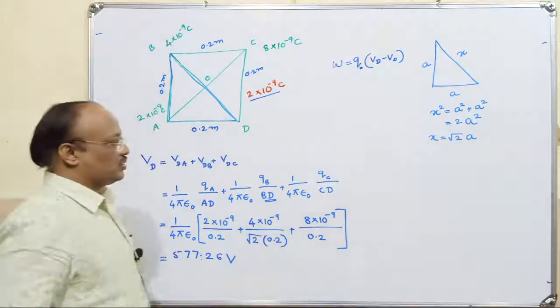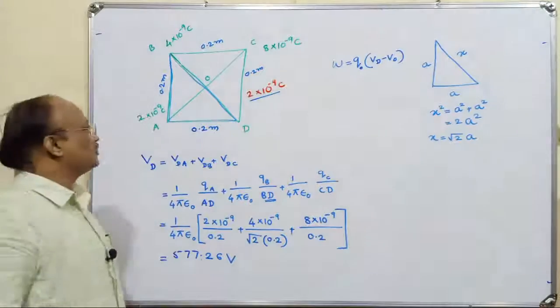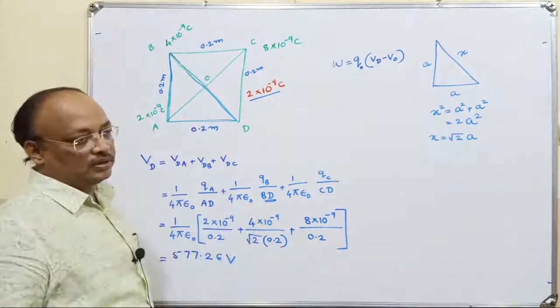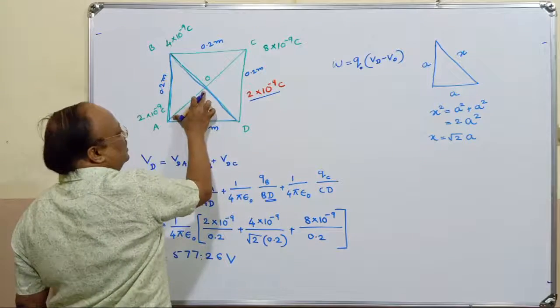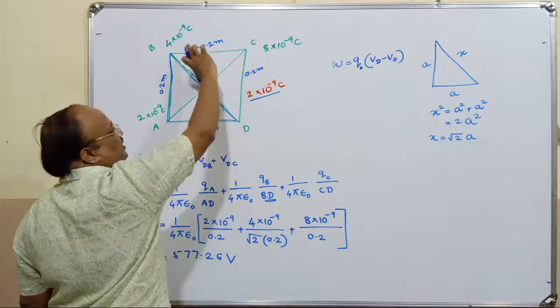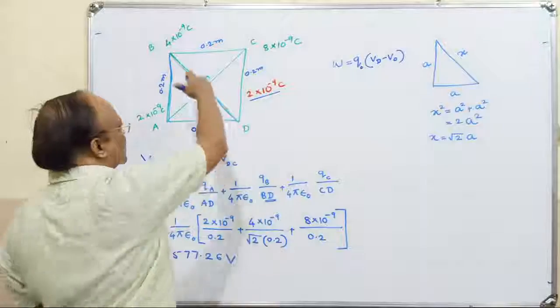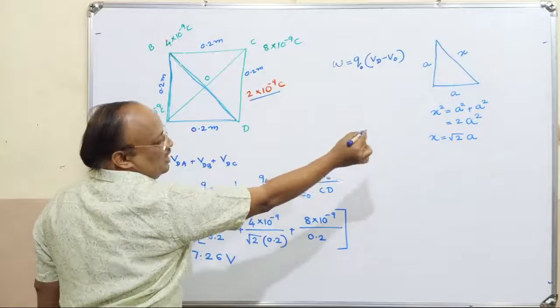Now you find out VO. Potential at O we will find out. Then what is the length of this? Because of this length, how far it is? So just now we have found this value is root 2 times of a.